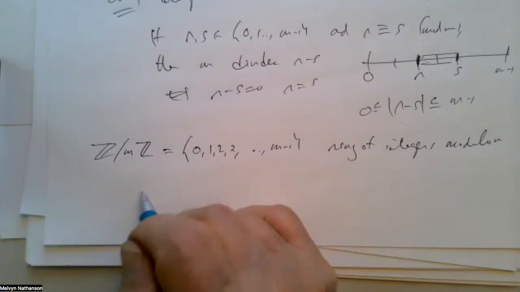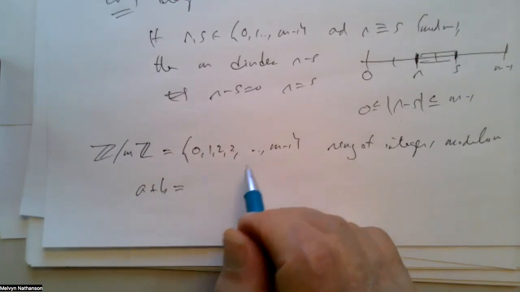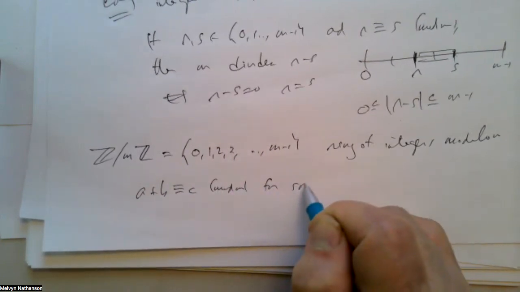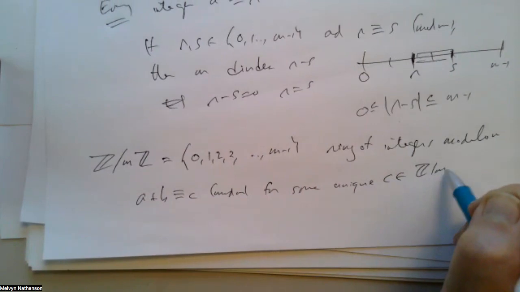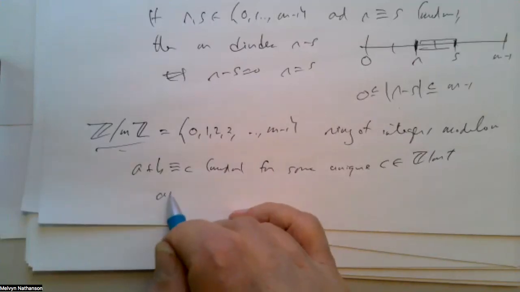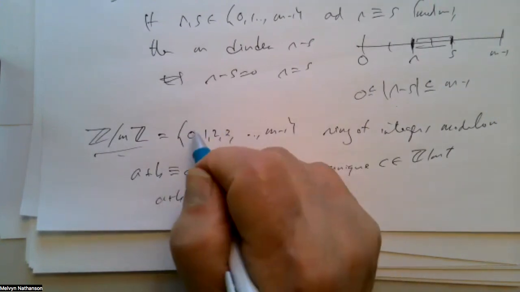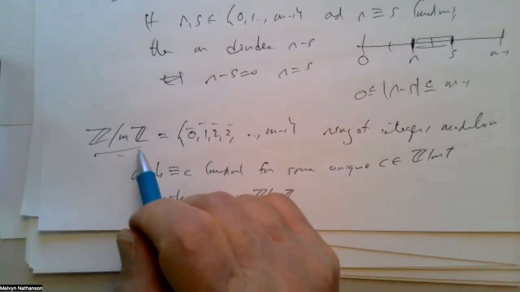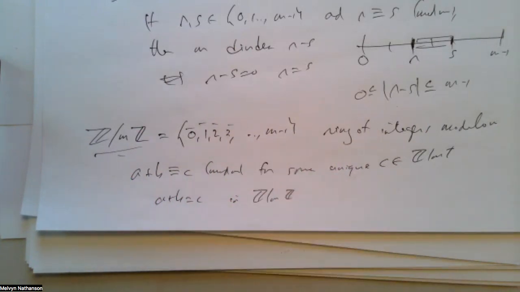If you have a and b, a plus b is certainly congruent to something in this set. And so a plus b is congruent to c mod m for some unique c in this set. And we define addition in this set modulo m, a plus b equals c in Z mod mZ. Some people put something like a bar over these numbers to distinguish the number from the element of this set of congruence classes. But our text doesn't do that, so I'm not going to do that.